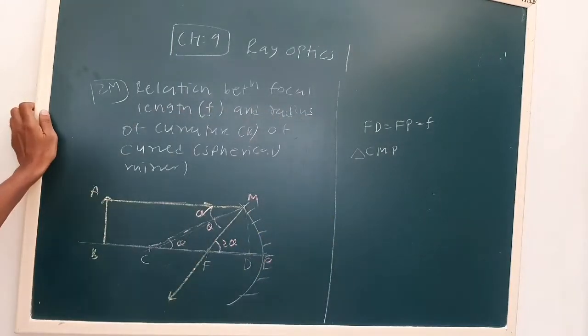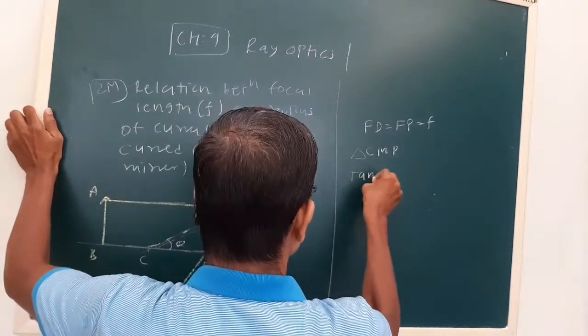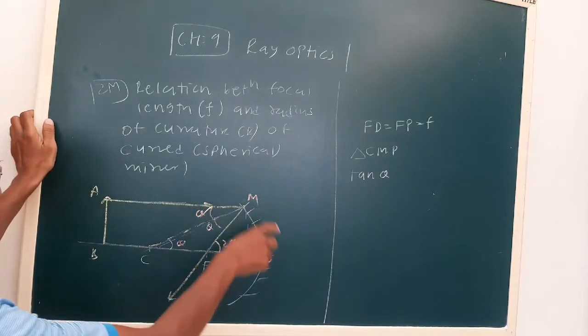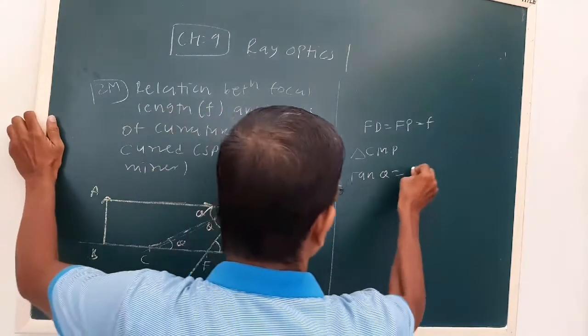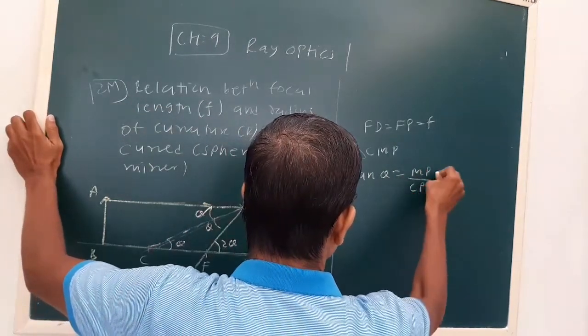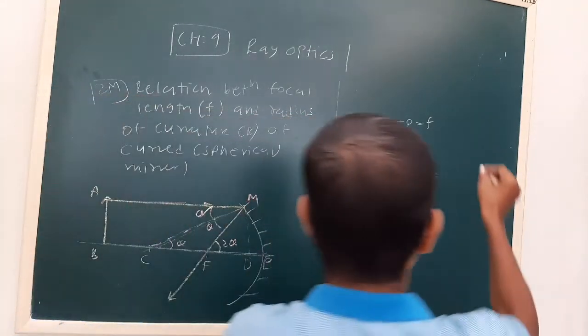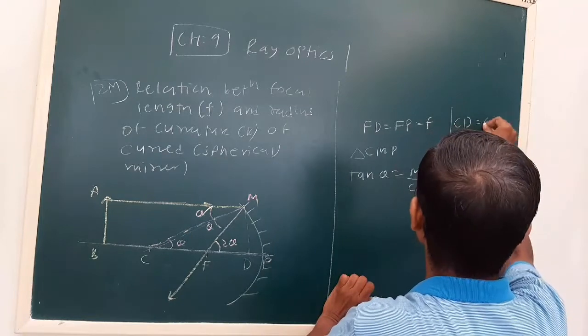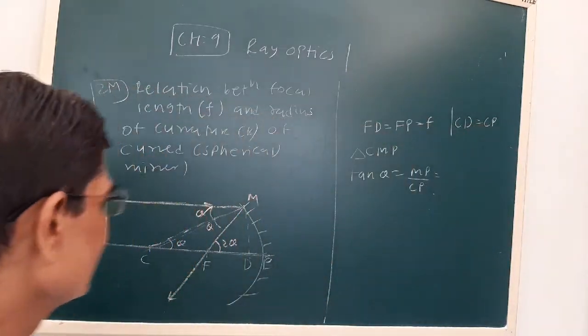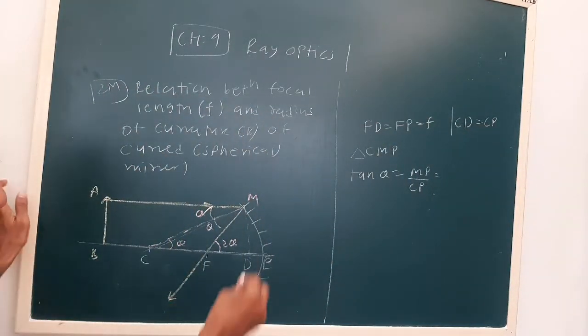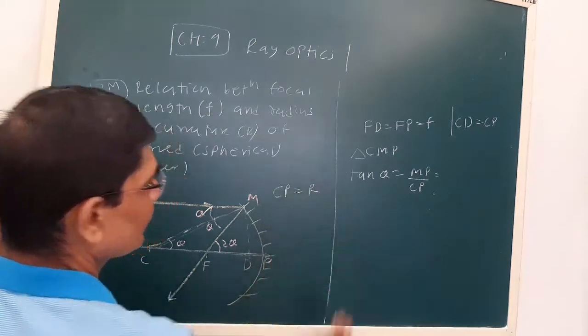Tan theta, opposite, that is MP upon CP. We also see that CD and CP are the same. CP is nothing but R, that is the radius of curvature.